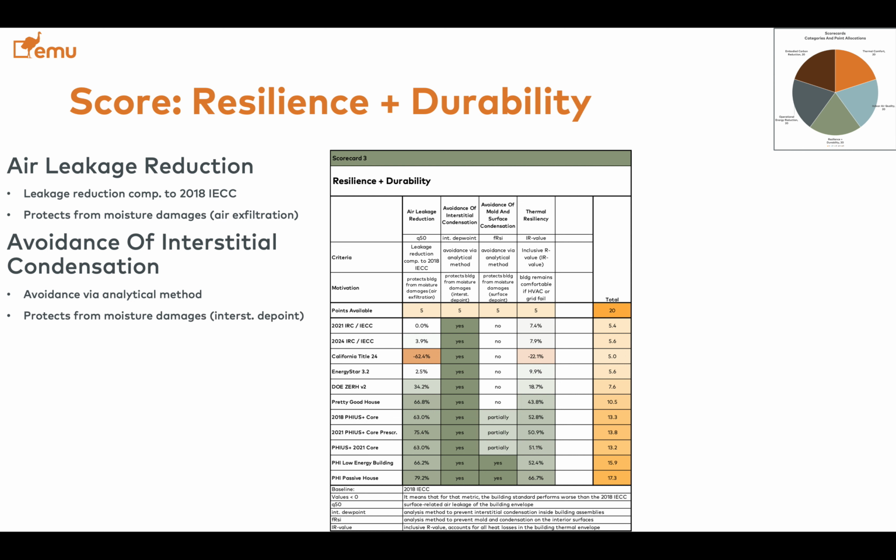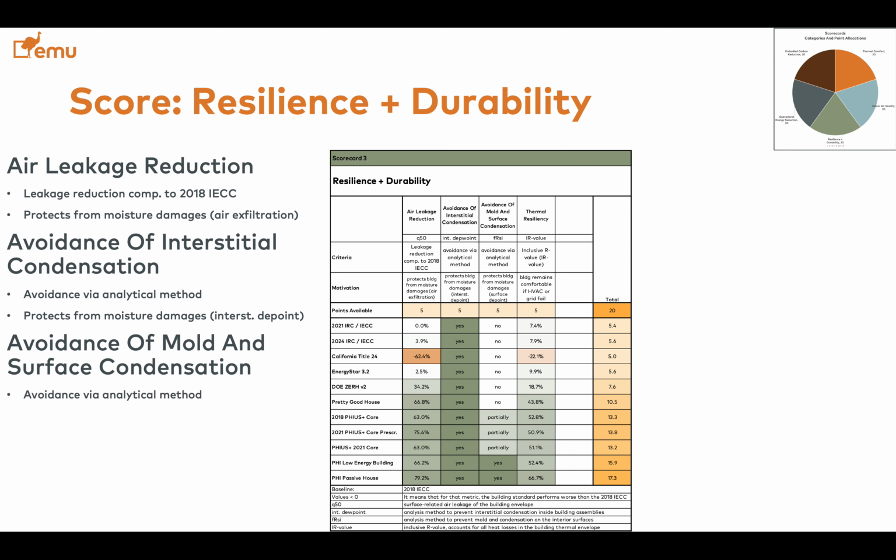This is basically the interstitial dewpoint that even the building code includes. The avoidance of mold and surface condensation, on the other hand, is what the picture showing mold in that room refers to. It's avoidance via analytical method and protects from moisture damage at the surface. And that is what PHI has and Fuse partially has.